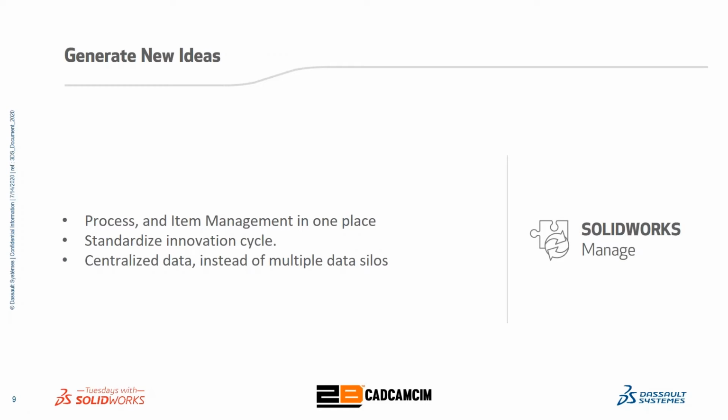So as we saw, SOLIDWORKS Manage will give you the chance to do the process and item management in one place. This will help you standardize the innovation cycle, and finally, you will have centralized data instead of multiple data silos.